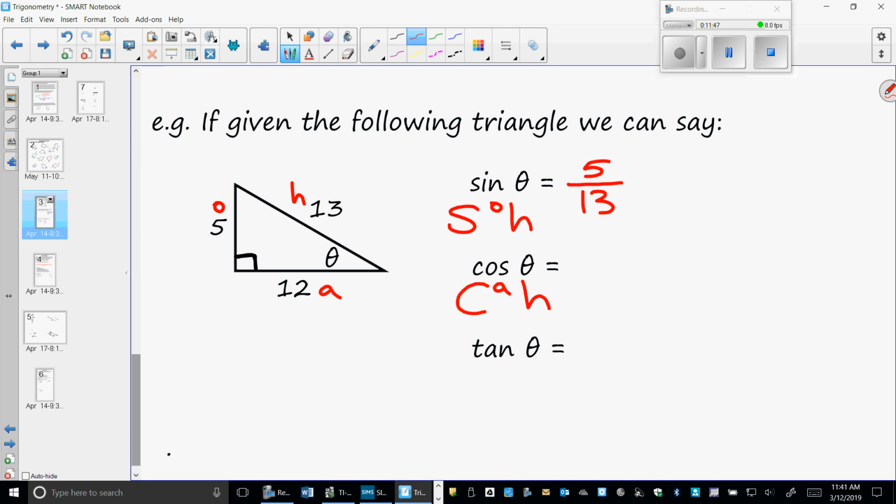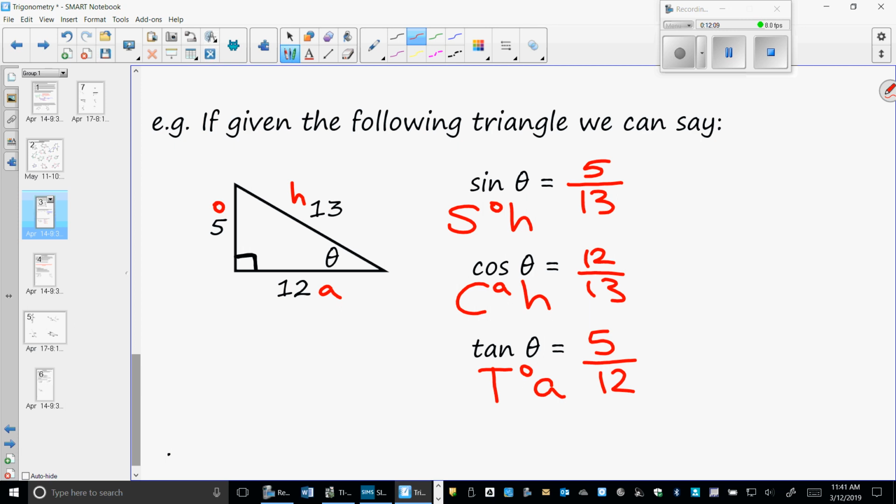So that's A, which is 12, and H, which is 13. And then tan is TOA, so that's 5 over 12. Okay, so hopefully you appreciate that if you've labelled them the wrong way around, this gets all messed up.